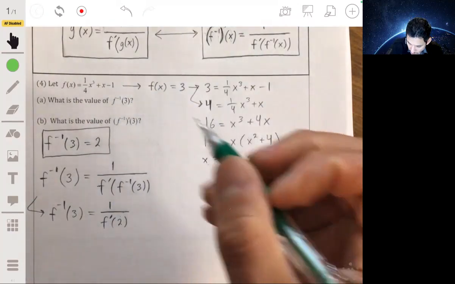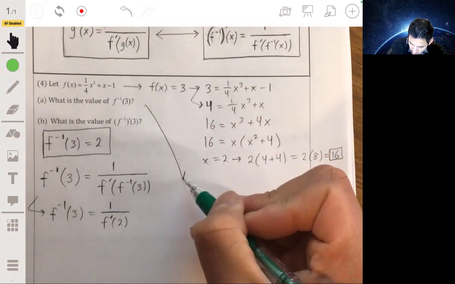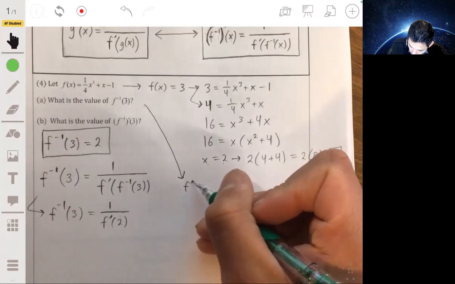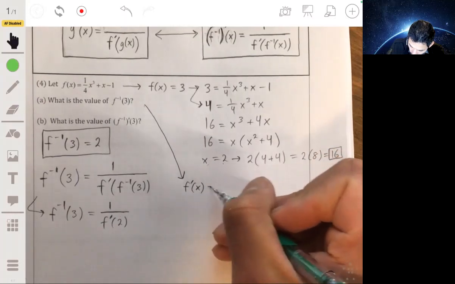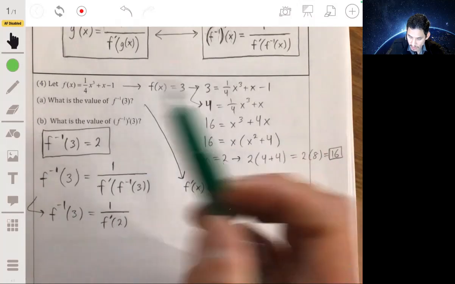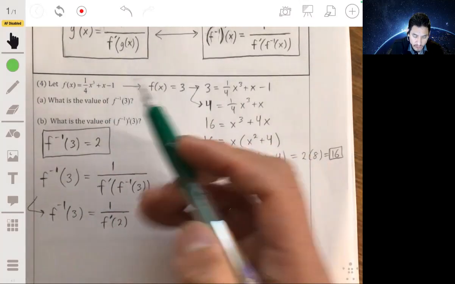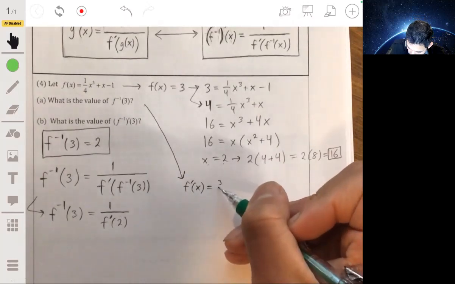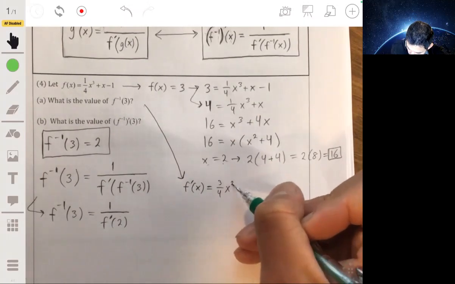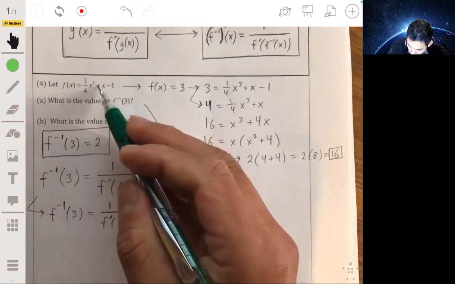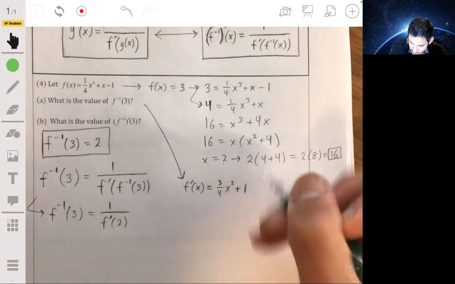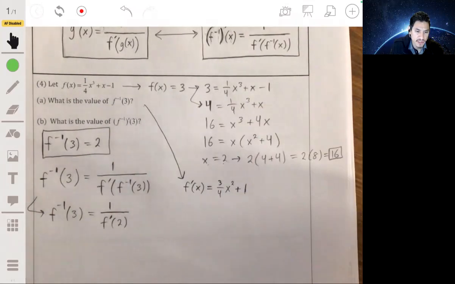So let's find what f prime of x would be. f prime of x would be 3 times 1/4 x squared, or 3/4 x squared, plus 1, and that's it, because the derivative of -1 is 0, so it goes away.